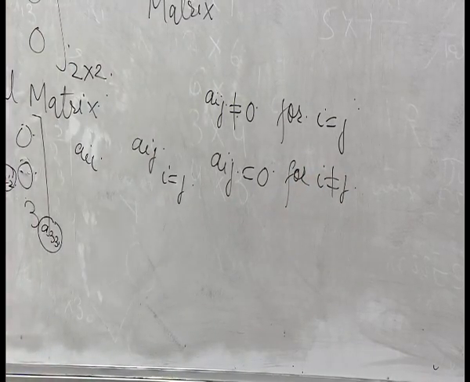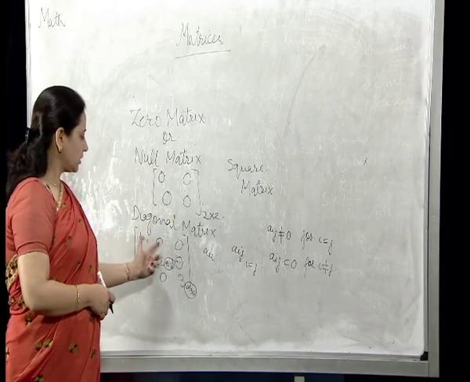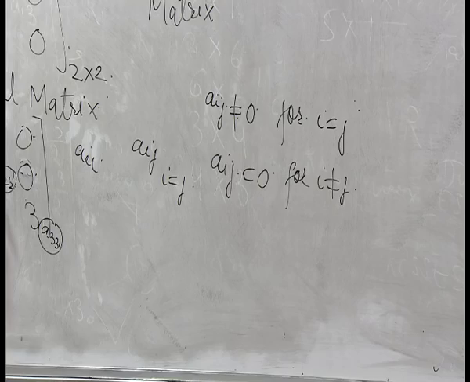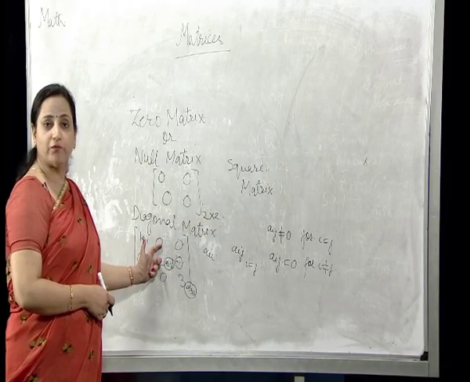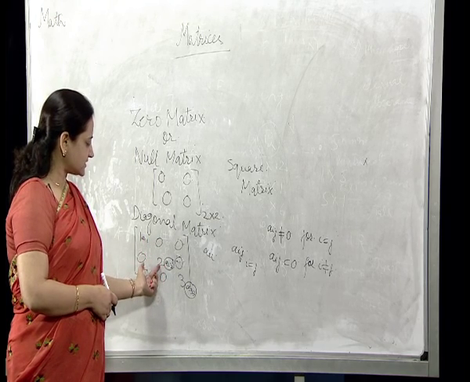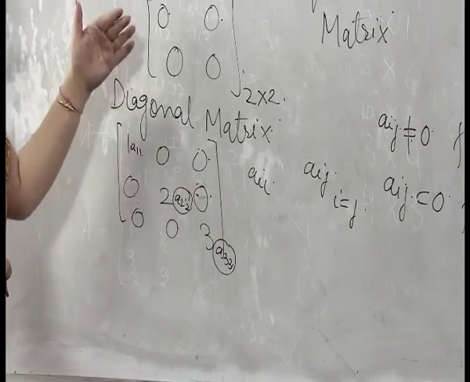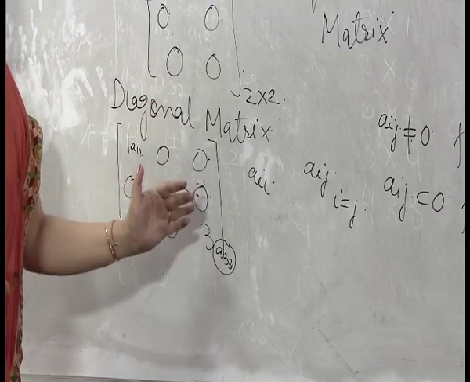Wherever you see i is not equal to j, you will find that element as 0. You can see this element is 1, 2, that means i is not equal to j, so it is 0. And you can see this element is non-zero, because i is equal to j. So, this is the diagonal matrix.